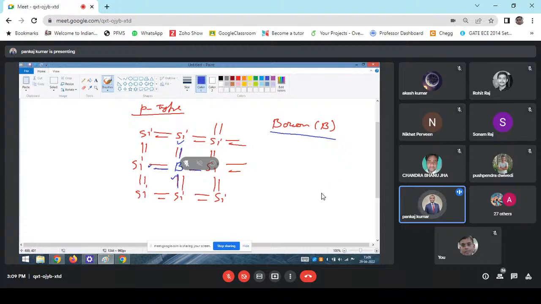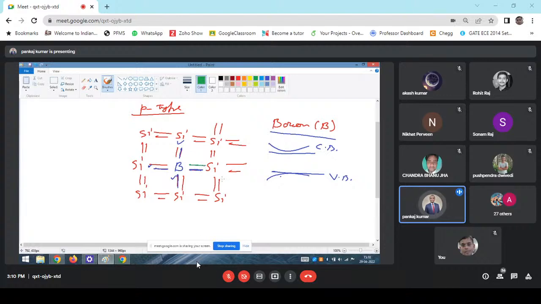Since this bond is not complete, consider the two bands, conduction band and valence band. The valence band is completely filled and the conduction band has free electrons. So an electron from the valence band will come here and make a bond with this silicon atom.